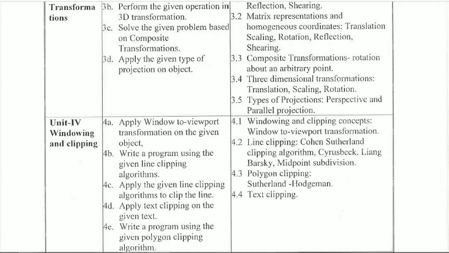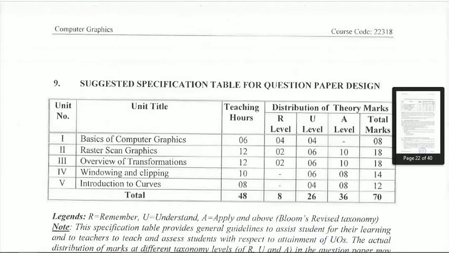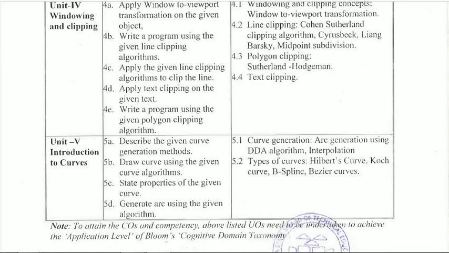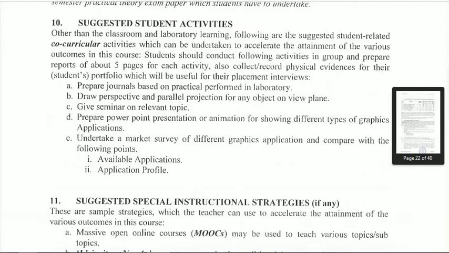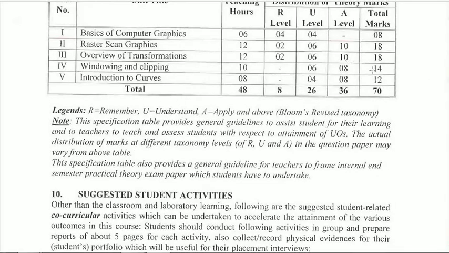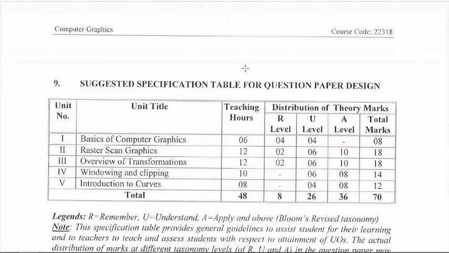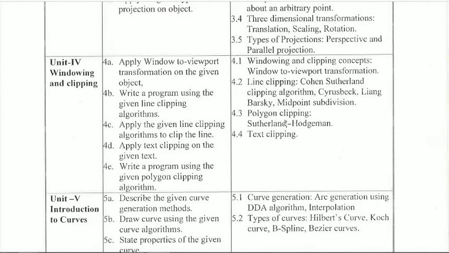So there are these 5 unit outcomes, the weightage of the topic is 14 marks, and 10 hours are required. In this fourth topic, windowing and clipping, there are 4 points and 5 unit outcomes.